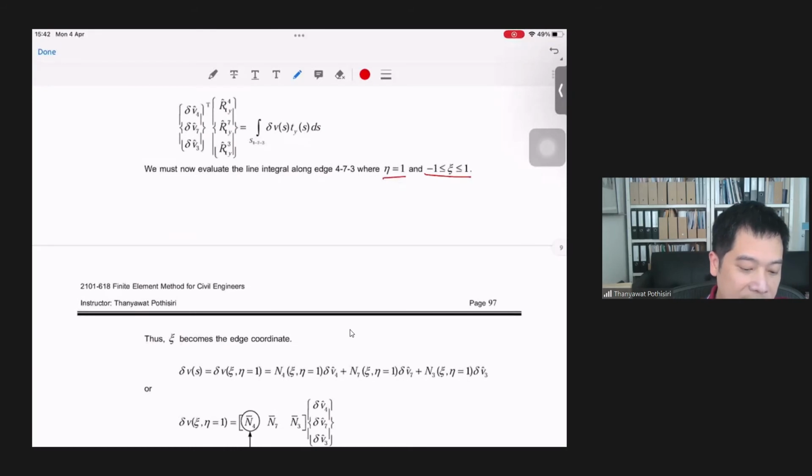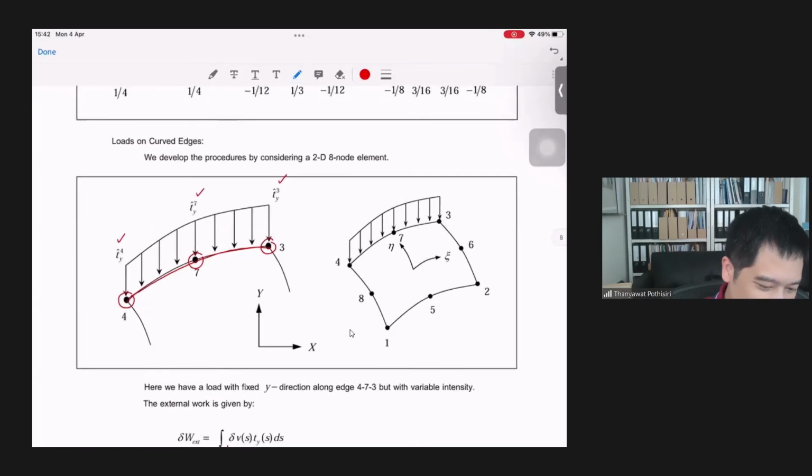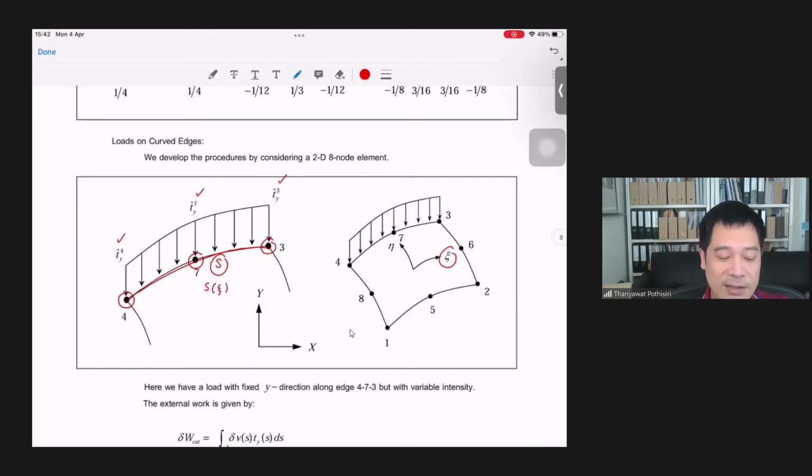We would like to somehow map between the contour along this curved edge, let's call this curve S, and the parametric coordinates. So we can write S as a function of xi, because eta is constant on this curve S.